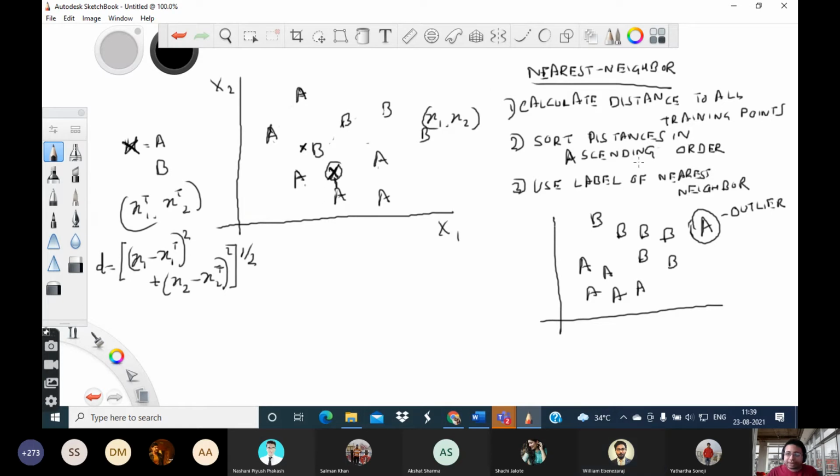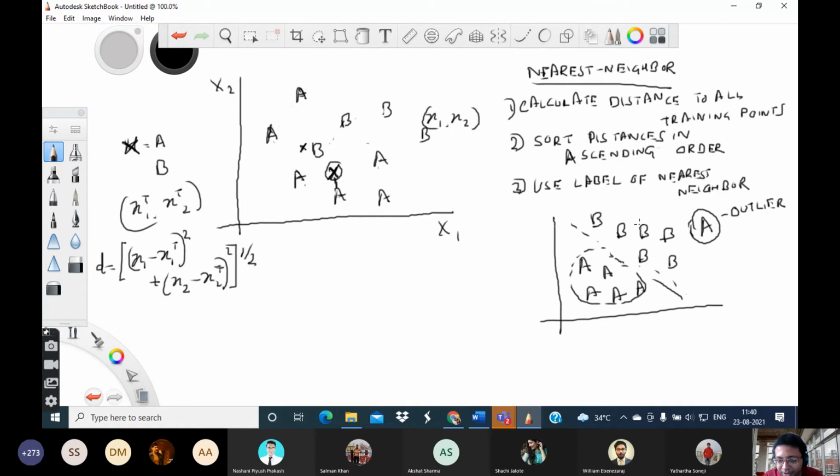So there can be many ways of defining an outlier. We have already got two ways. First, you can consider a line like this, and say that everything on this side of the line is A, everything on this side of the line is B, but although this point is on the B side of the line, it is still A. The second thing you said is a cluster. Let us cluster the points.